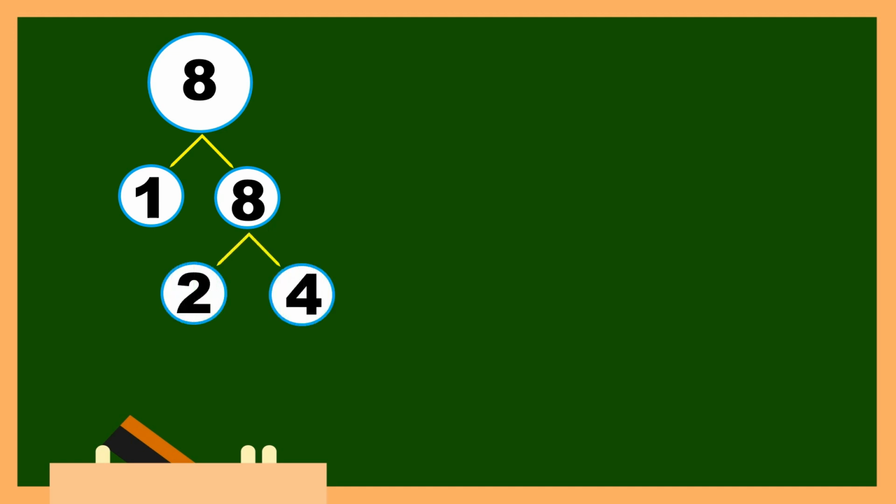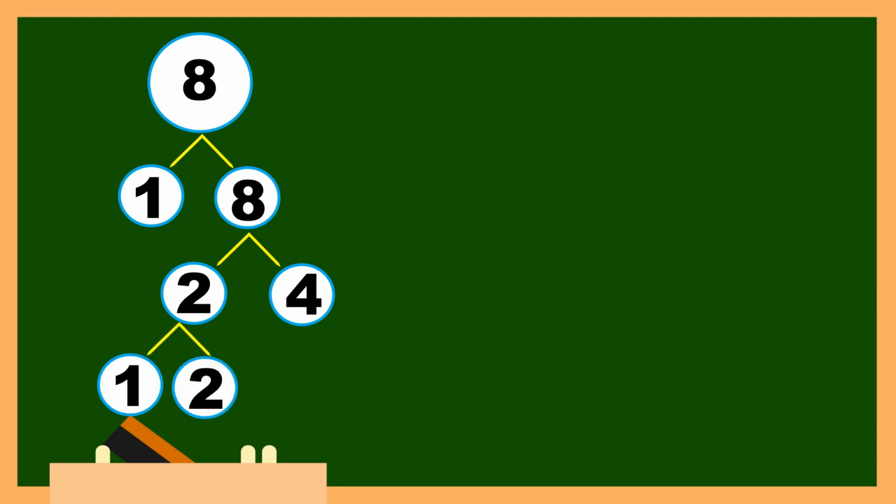Gamit ang factor tree, we can get the factors of 8. So, 1 times 8 is the first set of factors ni 8. And 8 is still factorable. So, we have 2 times 4. That is another set of factors. And as we all know, 4 is still factorable by 2 and 2.